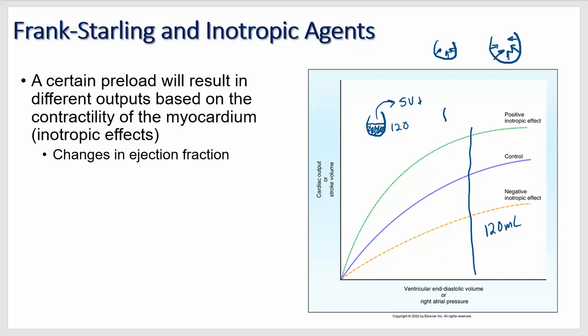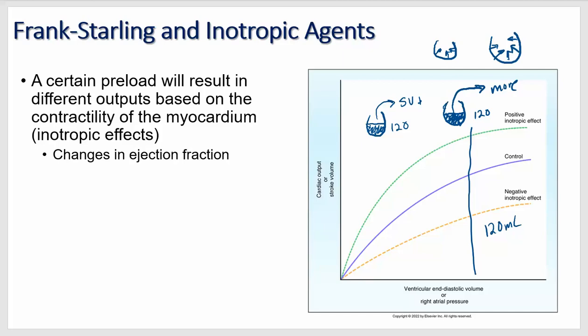Meanwhile, if you give a positive inotrope, let's say that somebody has heart failure. Okay, so we give them digoxin, which is not the most common treatment for heart failure, I don't think, but either way, 120, and we have a positive inotrope, then they're going to squeeze out more.